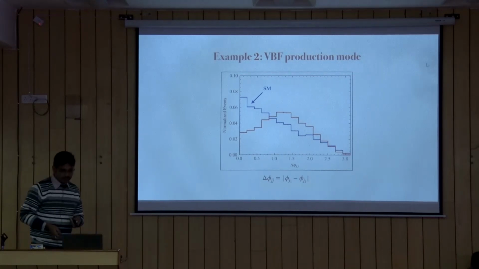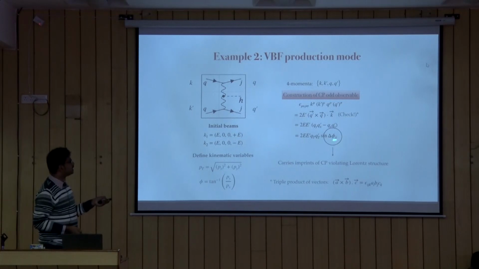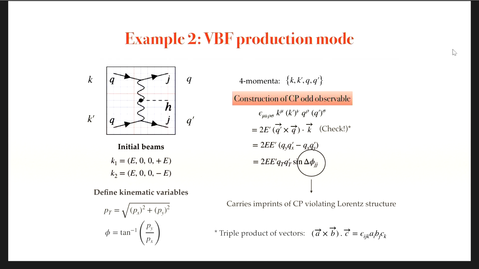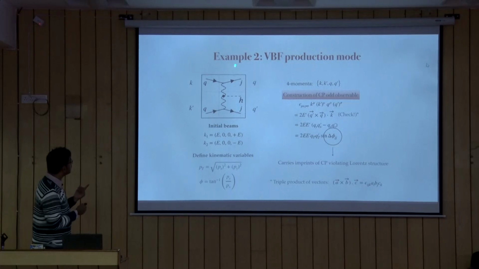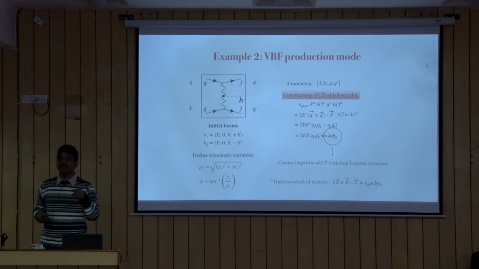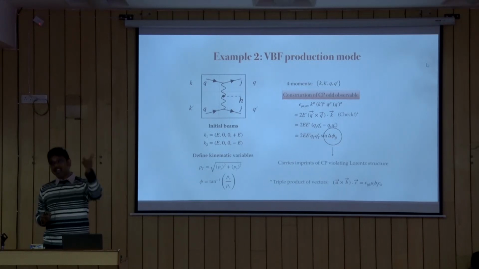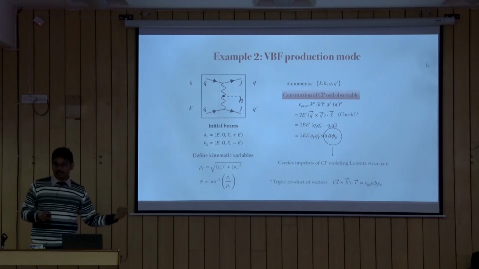I forgot the formula. Let me go back. Yeah, sine of delta phi jj. So this is specifically due to this particular way that the contribution of the CP violating operator enters. I mean, the separation angle between the jets can be a good observable to distinguish between the standard model and the standard model plus effective operator contribution via the CP violating contribution.